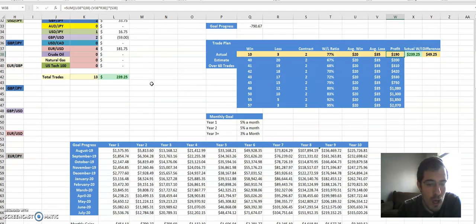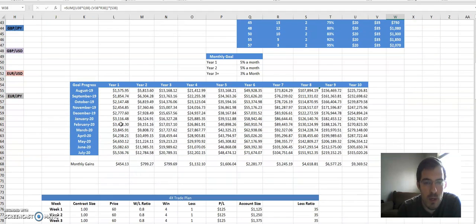So here, going down, this is year 1, year 2, going out and seeing how my account grows with just 5% each month. If you can consistently do that, which 5% is not that much, but if you're consistent, in 10 years you can have about $315,000, making an average of $9,000 a month, which is awesome.